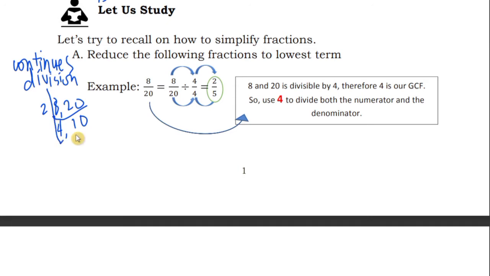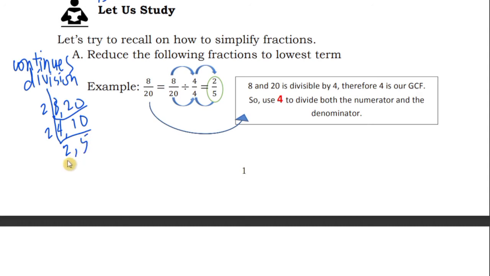Then since it is still divisible by 2, we have here 2 again. 4 divided by 2 is 2, and 10 divided by 2 is 5.